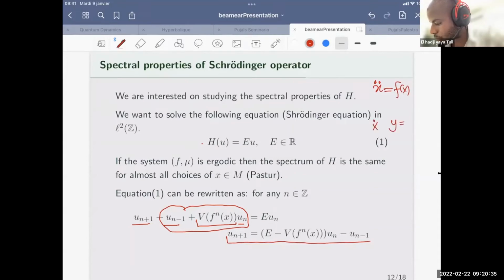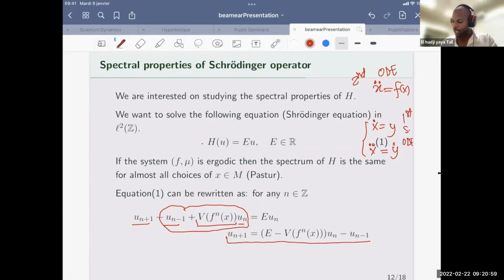Sorry, x dot is equal to y, and x double dot becomes y dot. So a second order ODE becomes a first order system of ODE. We'll do the same here. We'll try to have the same hold for difference equations as well.